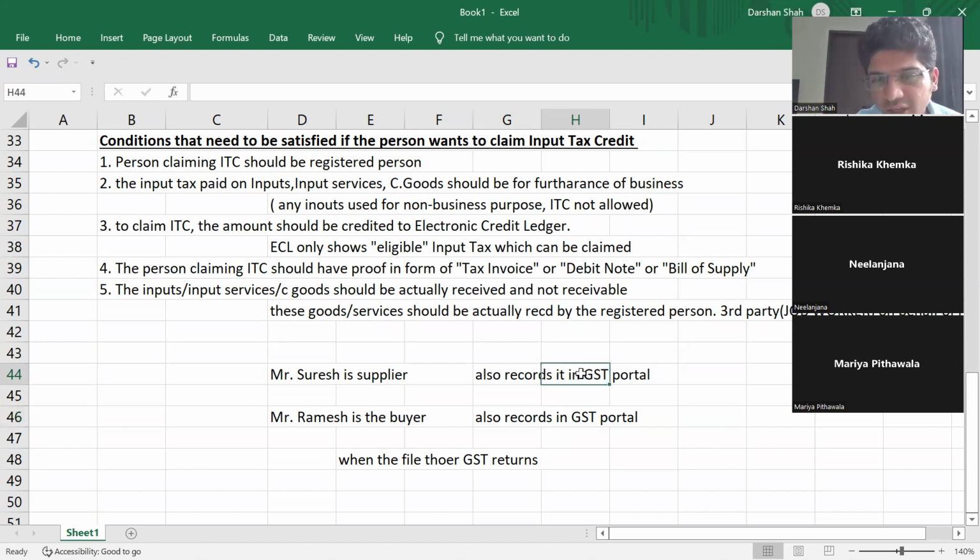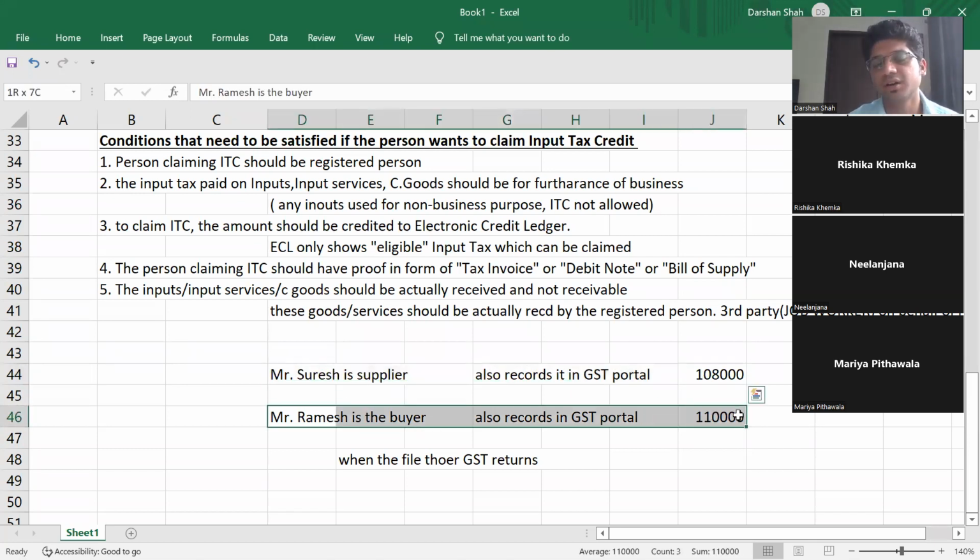But government says, let us say Ramesh has paid tax of 1,10,000, and Suresh is showing tax of only 1,08,000. Then both their returns will be stuck. They cannot file their returns. The system itself will not accept.